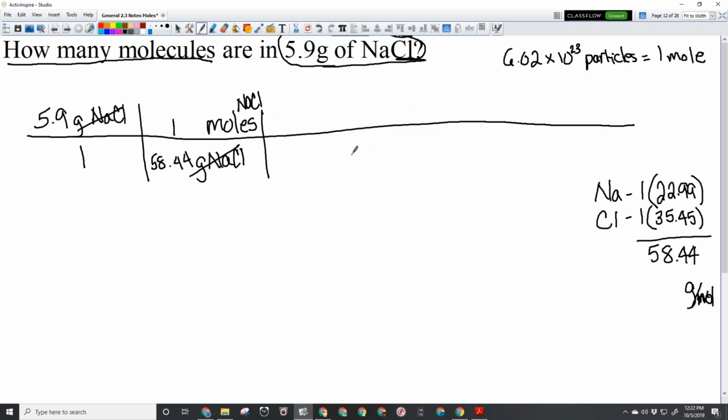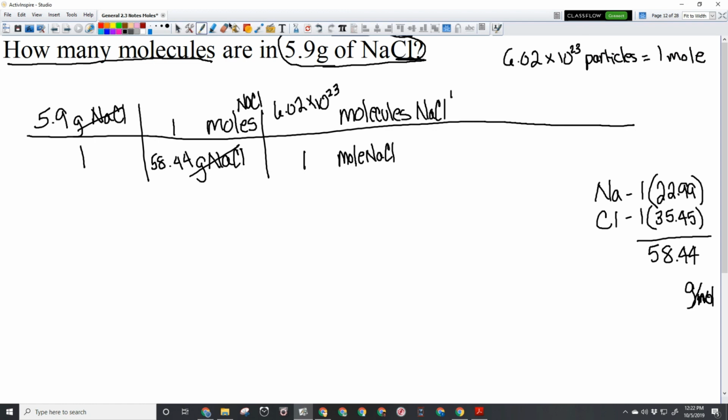Back up to step 1. What do we want to get rid of? Moles of NaCl. And what are we converting it to? Molecules of NaCl. 1 mole of NaCl is 6.02 times 10 to the 23rd molecules.